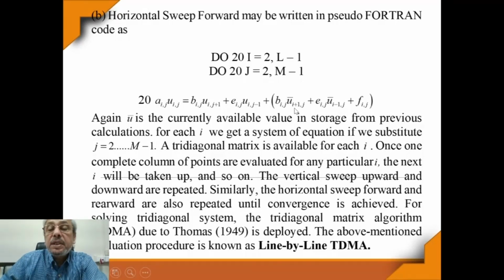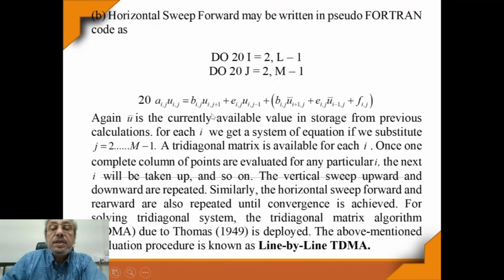Now, at this stage, these barred quantities are i plus 1, i minus 1, and the equation is implicit in the j direction. ij, j plus 1, j minus 1 are not known. Again, u bar is the currently available value in storage from previous calculations. For each i, we get a system of equations if we substitute j equal to 2 to m minus 1.